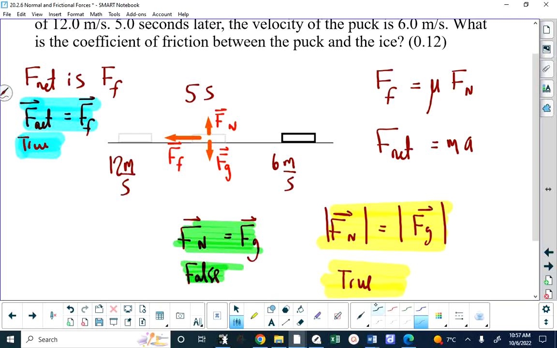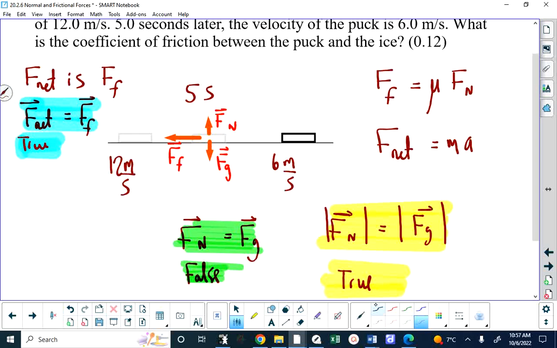There's only one force. It's the force of friction. And I can call it the force of friction, or I can call it the net force. But it's just one force described in two different ways. These two forces in yellow have magnitudes that are equal because the forces are actually equal but opposite. There's a big difference.